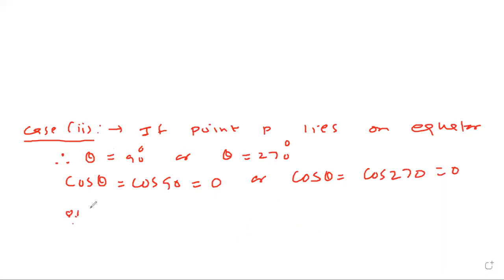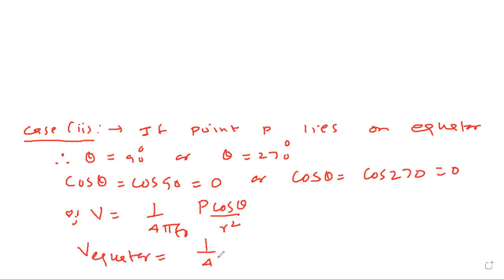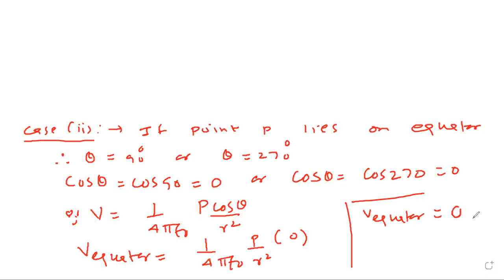Now since V is 1 upon 4 pi epsilon naught P cos theta upon r square, for the equator it will become 0, because cos theta is 0. So V equator is 0 into anything, which is 0. That means potential at any point on the equator is always 0.